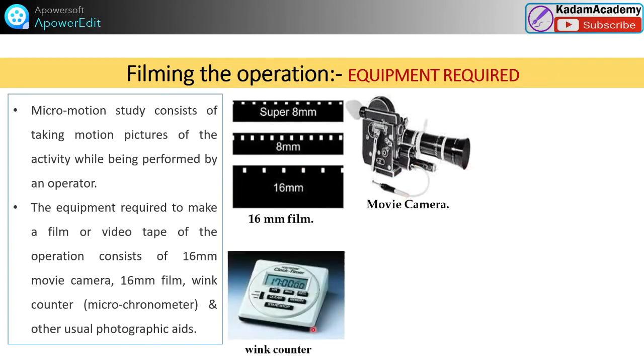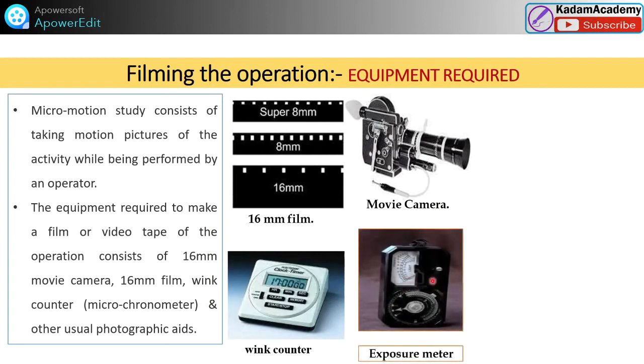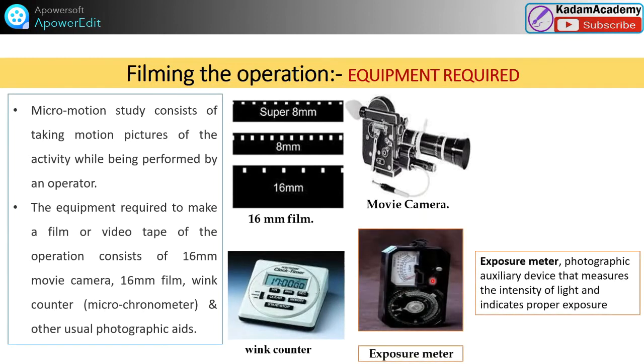After that, the wing counter and exposure meter. What is an exposure meter? The exposure meter is a photographic auxiliary device that measures the intensity of light and indicates proper exposure or not. At the place where the operator works, it checks whether the intensity of light is good or not.